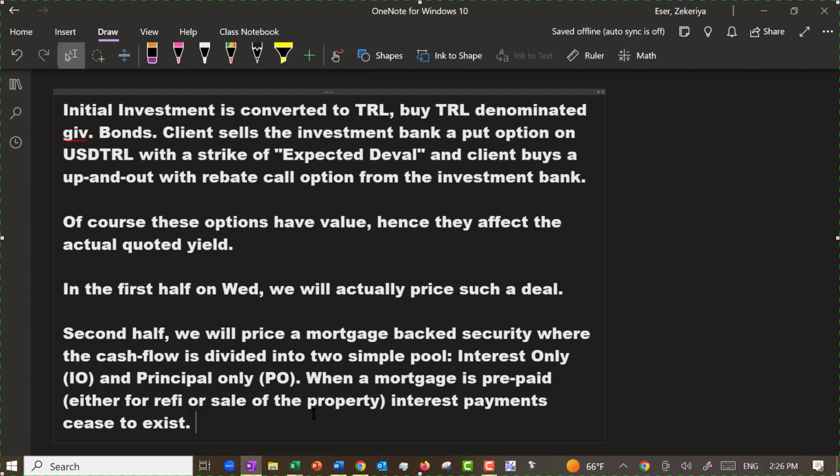Because a lot of times the market puts in too much risk premium than is deserved. So you basically benefit from those. Let's stop here today. Wednesday, we'll do that weird devaluation note thingy, and we'll do a basic IOPO deal.